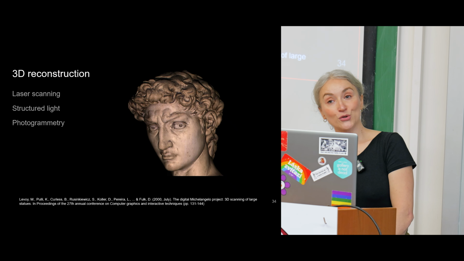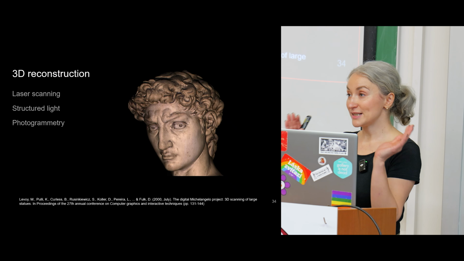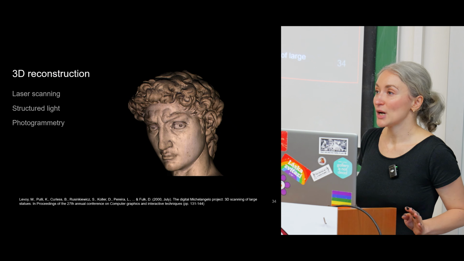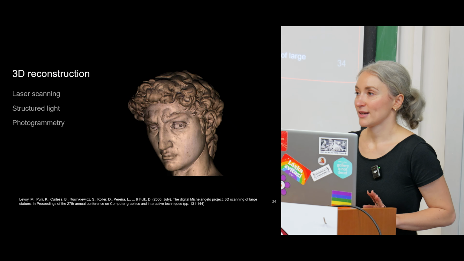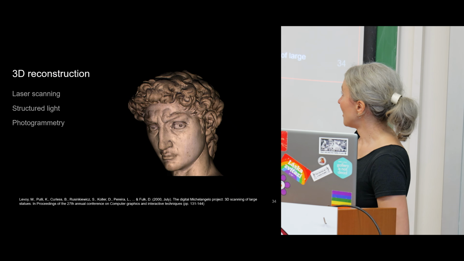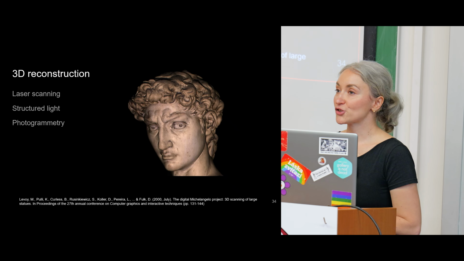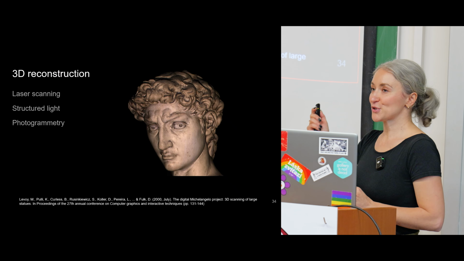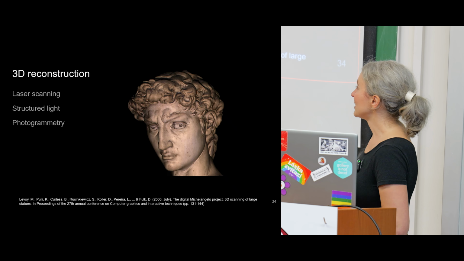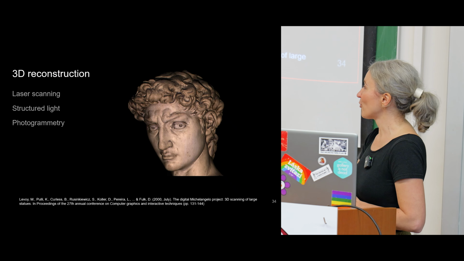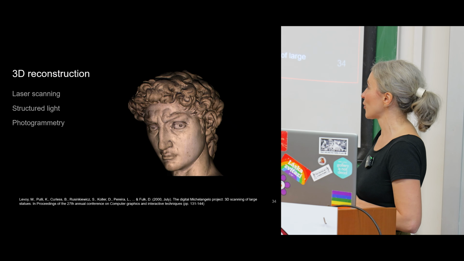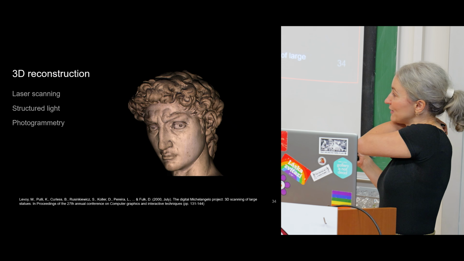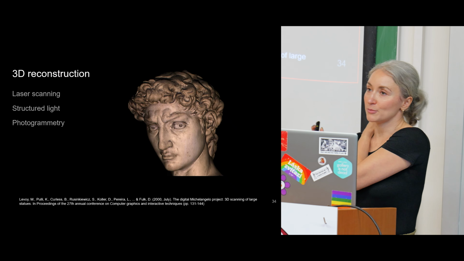So when we want to do anything with 3D and help the restorers with 3D, first thing we need to do is do some 3D reconstructions. The 3D reconstruction and digitization of 3D cultural heritage is a hip topic since 2000, when this great group of computer graphics people from US came to Florence and digitized Michelangelo's David in this project called Digital Michelangelo.